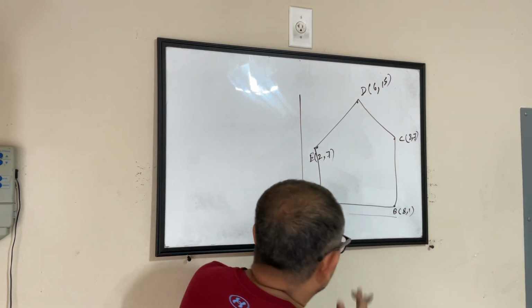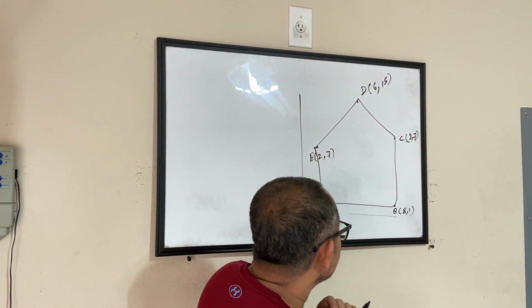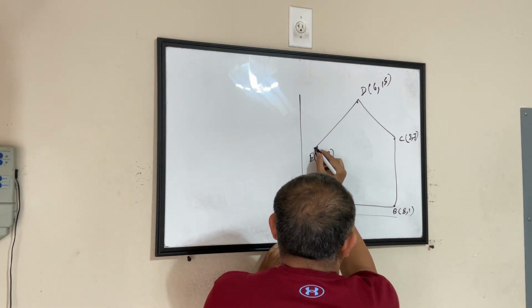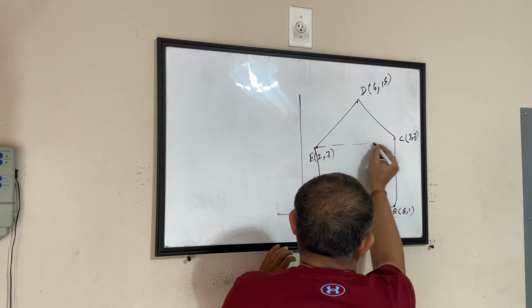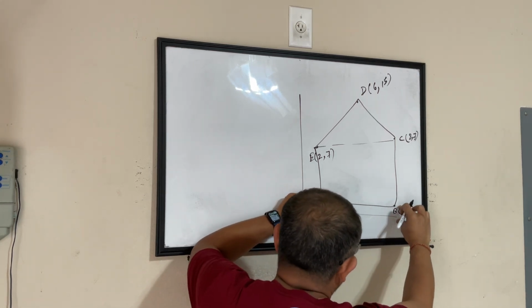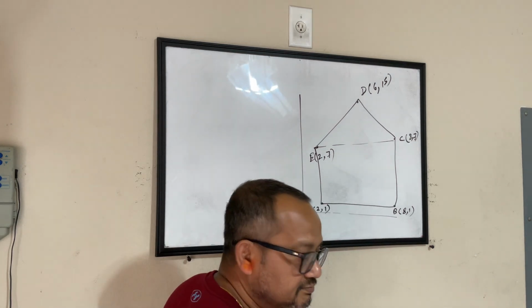Now, again, excuse me for my fantastic drawing skills, okay? But when you look at it a little carefully, here for this line AB, your y coordinates are matching, so this is a horizontal line.